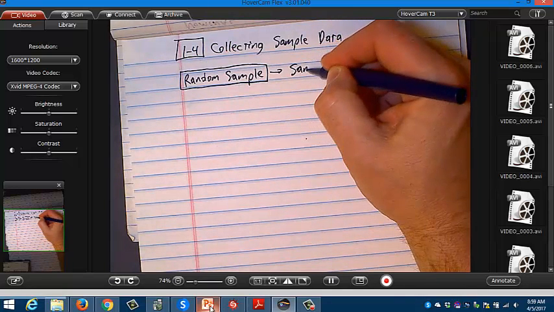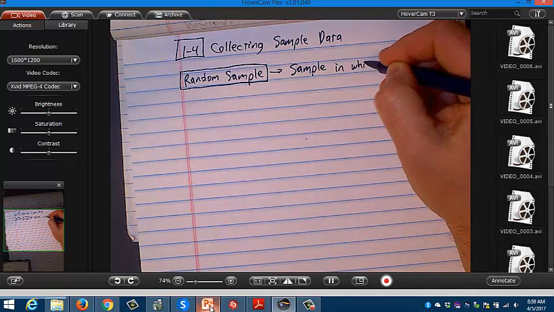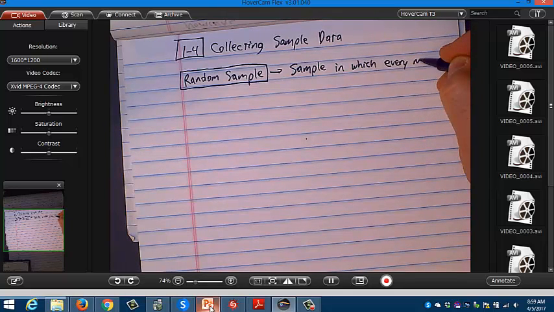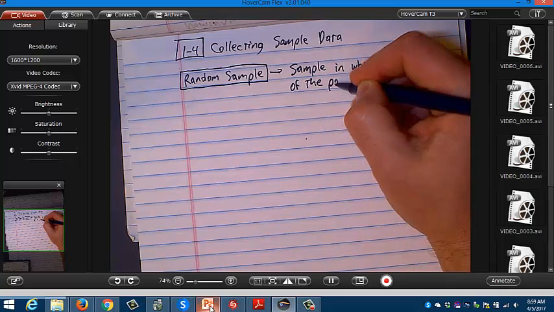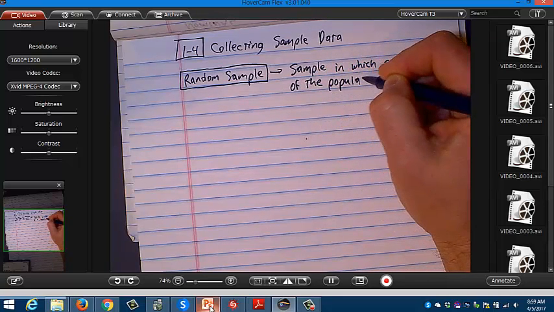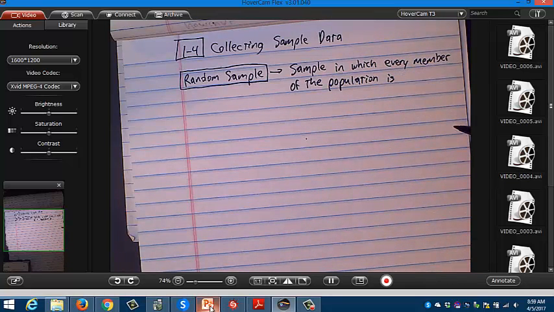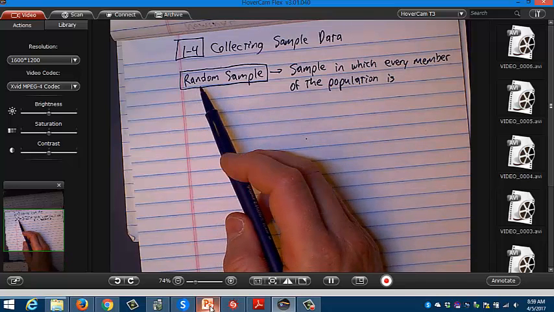This is a sample in which every member of the population is, and maybe you know what I'm going to write, there's a 2-word phrase that I've been writing a lot this year that goes along with the word random.